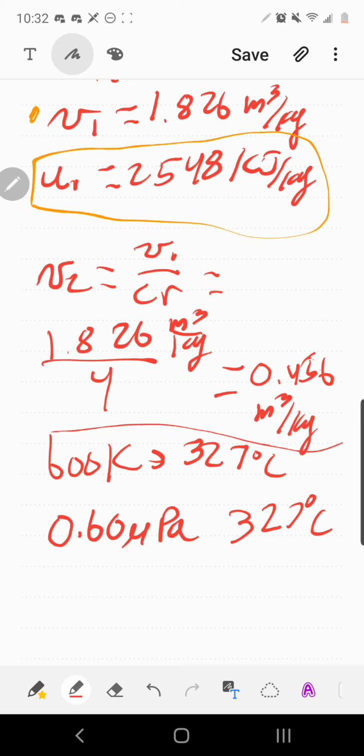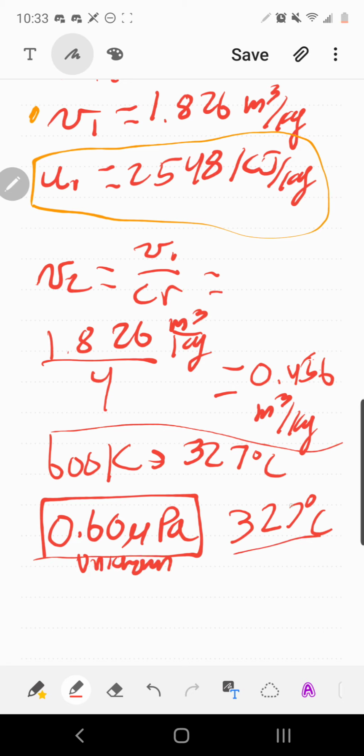In case you're wondering, we use the specific volume in this table along with the temperature to figure out this unknown.